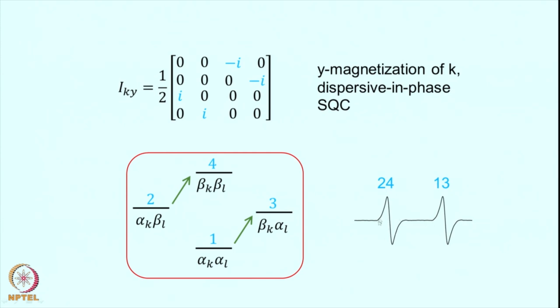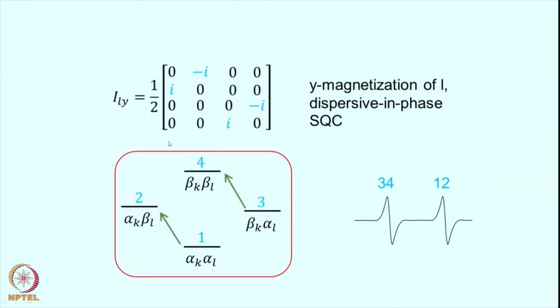In phase meaning this goes up and down here and this also goes up and down in this manner. So these two transitions are in phase. These are dispersive in-phase transitions. Similarly for LY we have 1 2 and 3 4, and these are once again in-phase transitions, and that is because I have the same sign for this and this, right.